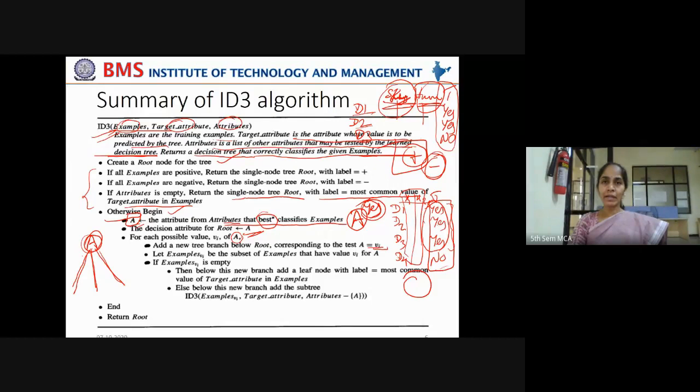Income greater than 10,000, less than 20,000, that is branch 1. Income greater than 20,000, less than 30,000, that is my second branch. Income greater than 30,000, that is my third branch. I have three branches here because there are three possible values for the income level, right?